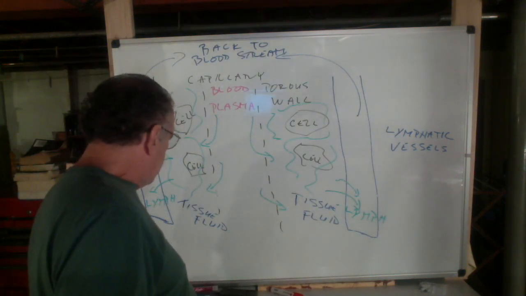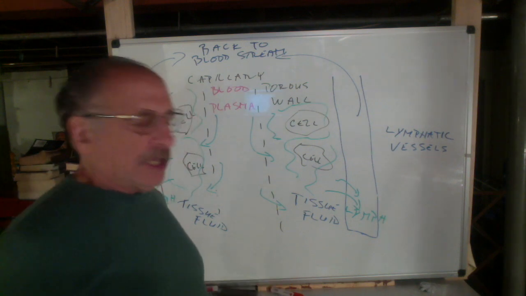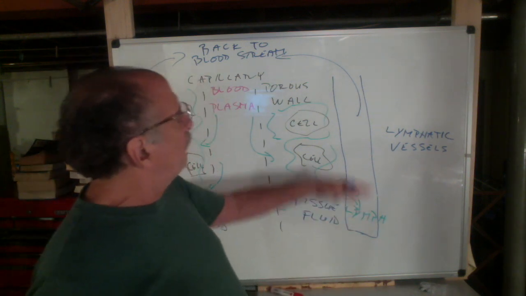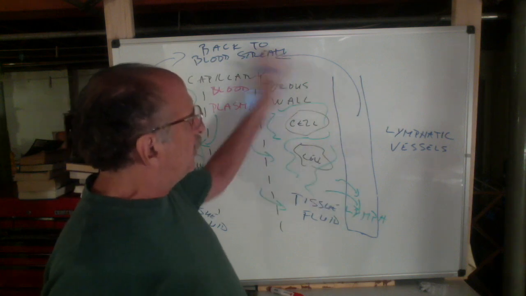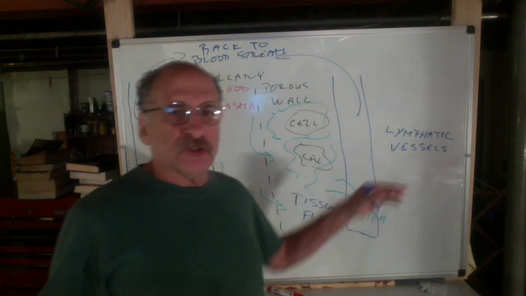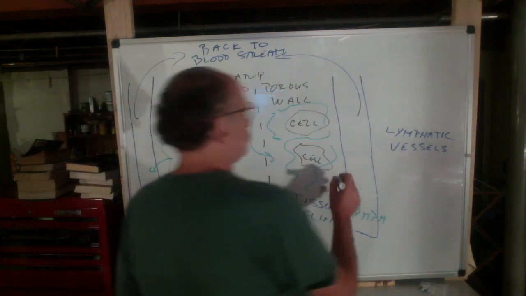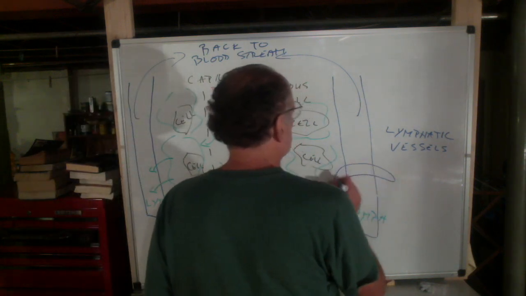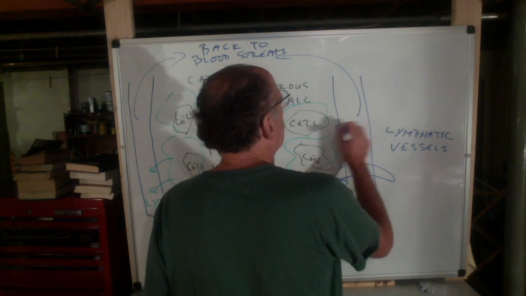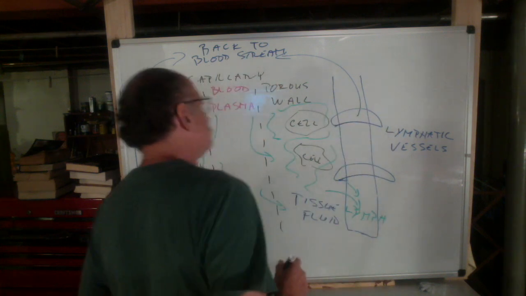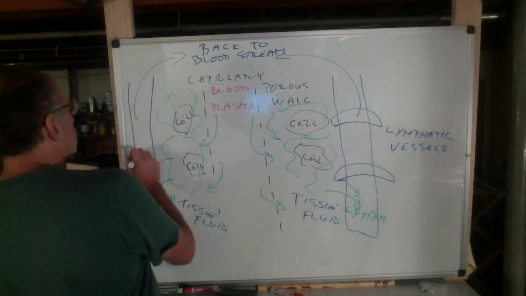Now, it's as if nature has said, I've got this lymph flowing back through the lymphatic vessels, flowing back to the bloodstream. I'm going to take this as an opportunity to clean up the lymph.